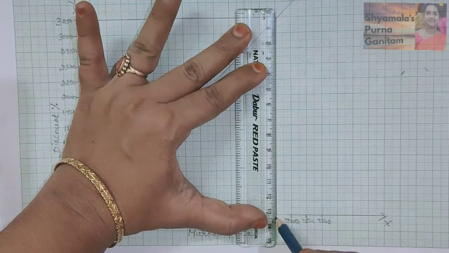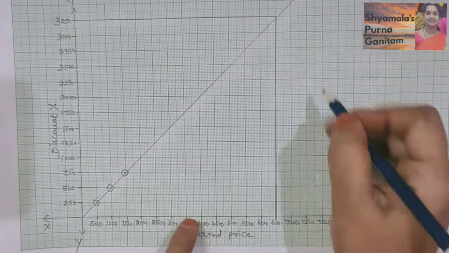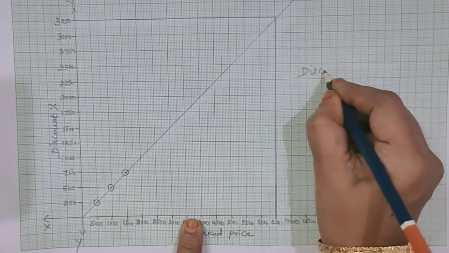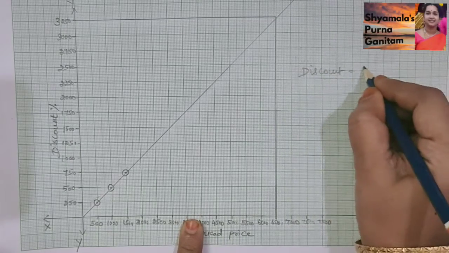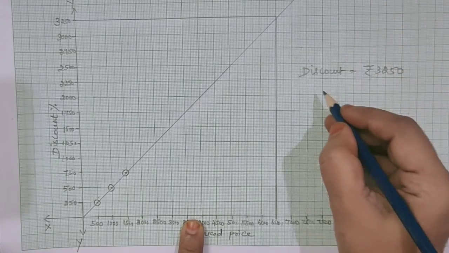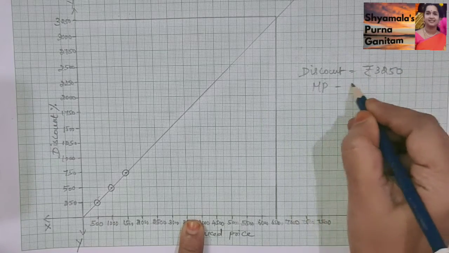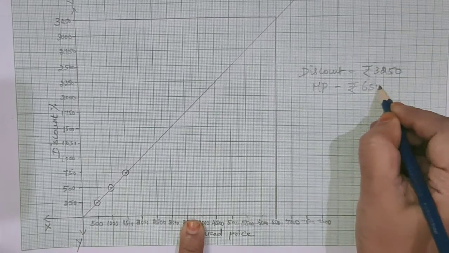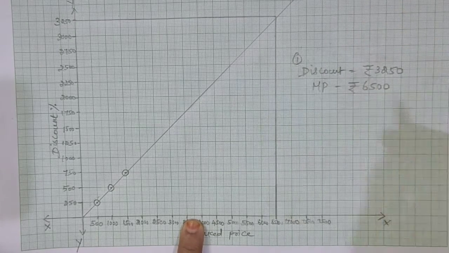He will get a marked price of 6500. So, if the discount is rupees 3250, then his marked price is rupees 6500. This is the answer for the first question.